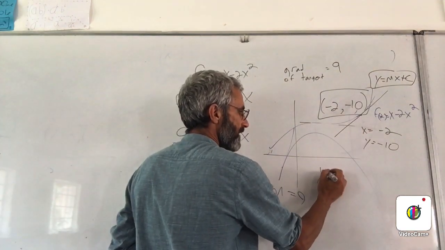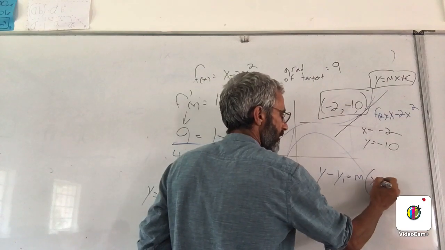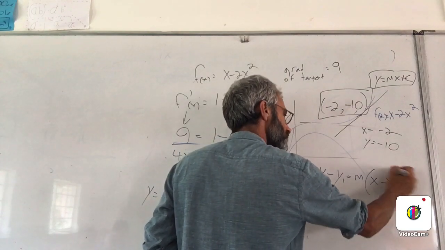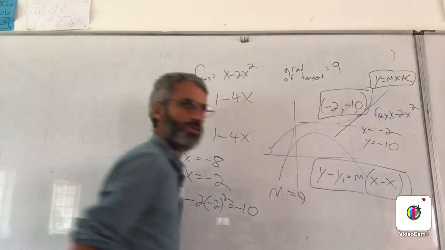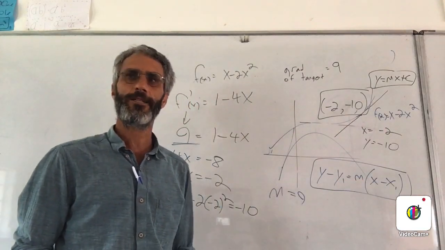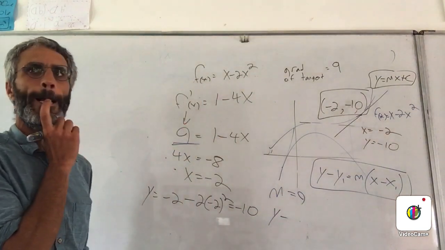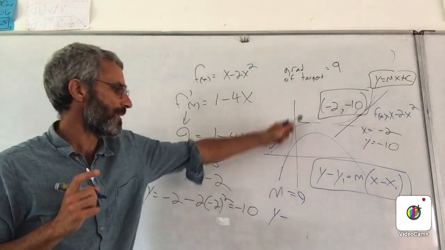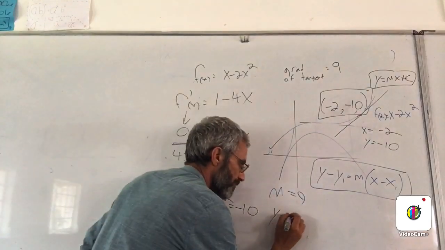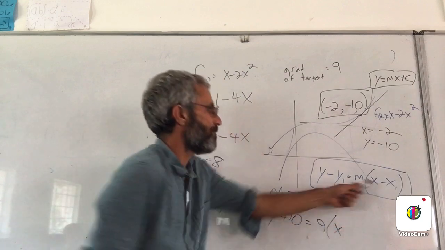Now I want to practice the formula that I gave you last time. The equation of the tangent is y minus y1 equals m times x minus x1. This is a very useful equation to use. Remember, (x1, y1) is the point of contact. So let's write it down. It's going to be y minus, what is y1? Minus 10. So minus minus 10 is really plus 10. m is 9, times x minus x1.